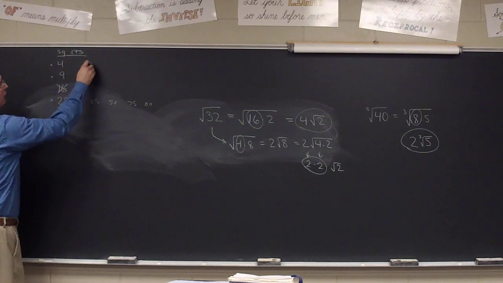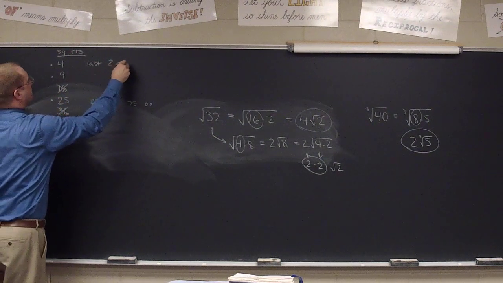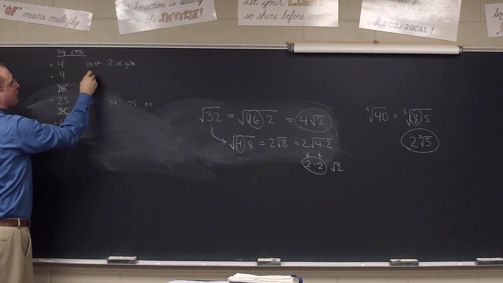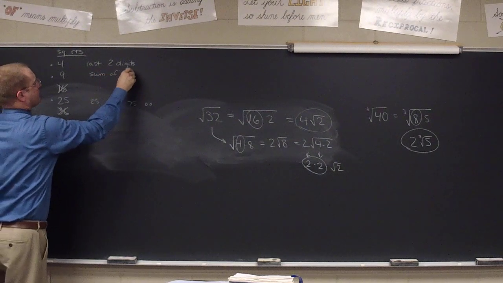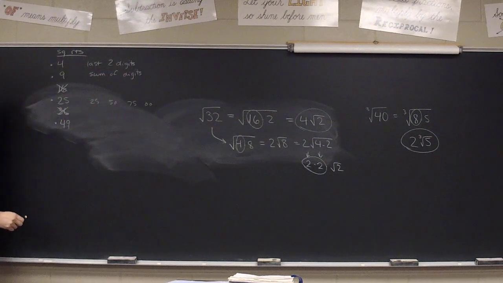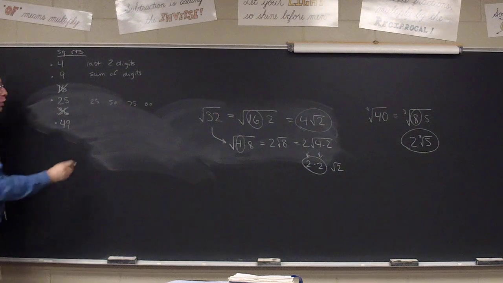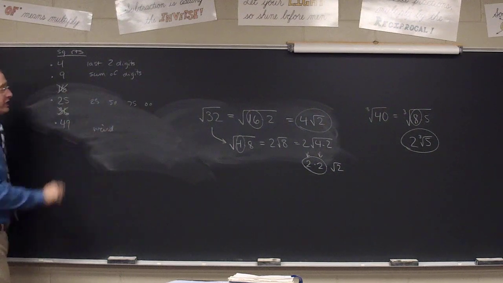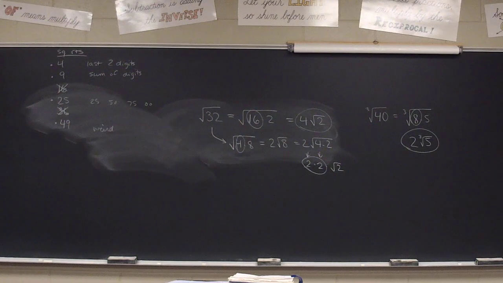But again, you're looking at last 2 digits divisible by 4, the sum of the digits divisible by 9, 25, 50, 75, 00, or it's just weird. Okay, and so these are some of the numbers that we can try. If they're not on this list, even the crossed out ones, it's not going to help you, right? Taking a 20 and going 2 times 10. Well, 2 and 10 aren't special numbers. You can't use those for square roots.